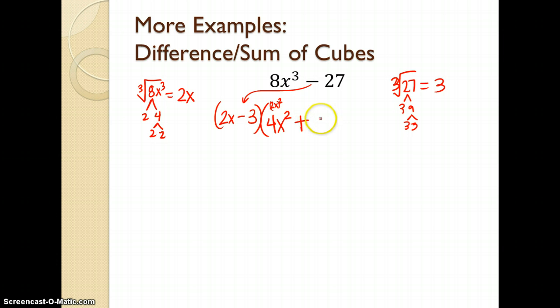Plus, and it was your cube roots times each other, so 2x times 3 is 6x, and then plus your second cube root squared. So 3 squared is 9. Kind of ugly, but realizing that you can do this for sums and differences of cubes is the important thing.